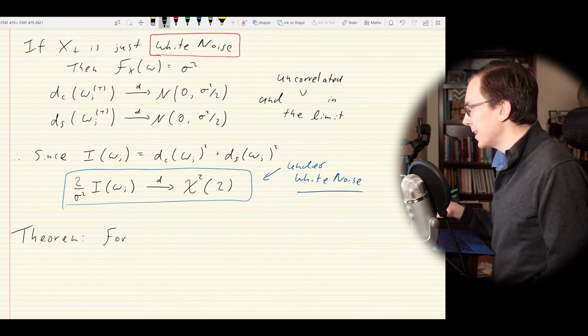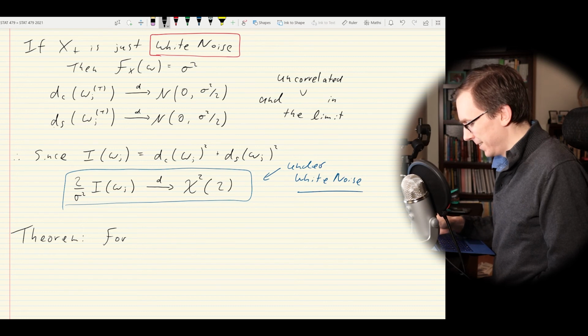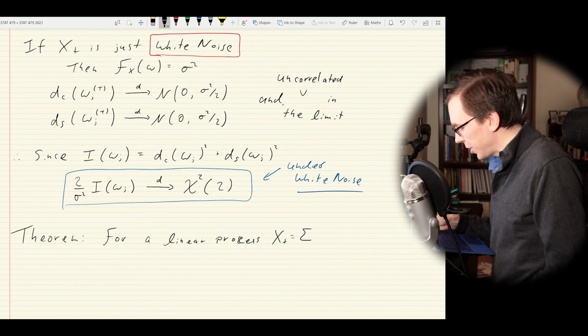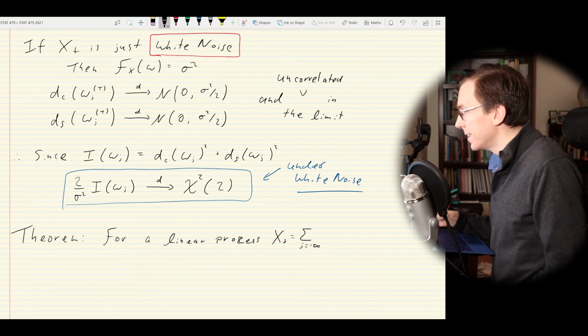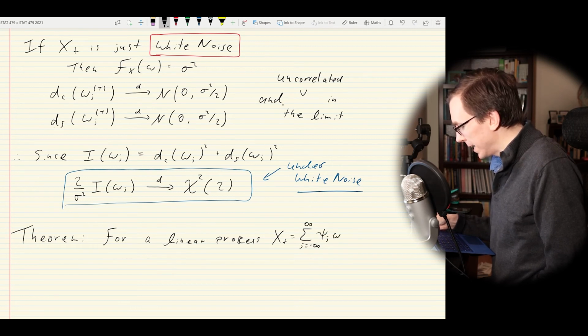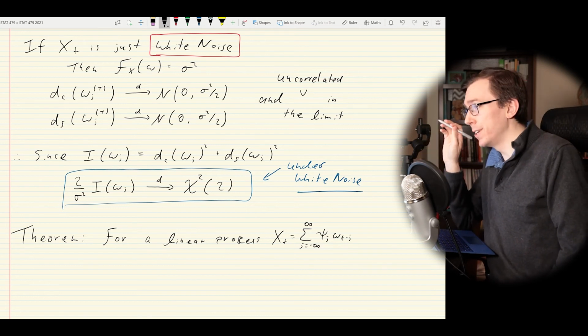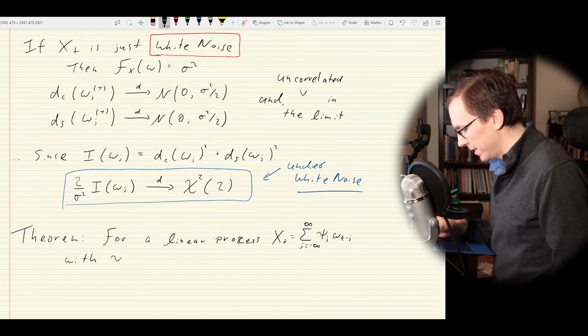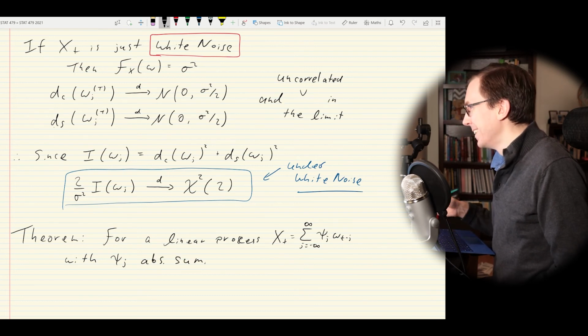For, I think we need a linear process. For a linear process, x_t equal to the sum, in this case, we'll take j from minus infinity to plus infinity of psi_j w_{t-j}. So it might not be causal. Note, might not be causal, but we do need the psi_j to be absolutely summable.